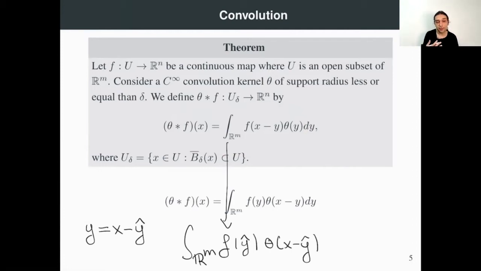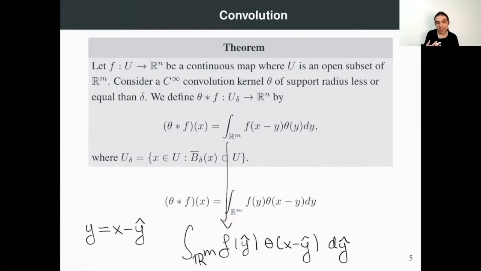And now we have to consider the modulus of the determinant of the Jacobian matrix. But the determinant of the Jacobian matrix is going to be 1 or minus 1, and the modulus is going to be 1. So we have this. So that's the reason that actually makes this formula work.